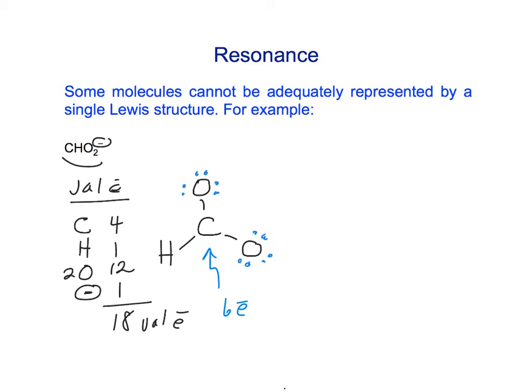So we have 2 choices here. We can use a pair of electrons to form a pi bond or a double bond, but we could use a double bond from the top oxygen, or we could use one from the bottom one. Okay, so let's start out by moving this pair down here, and we're going to draw the new structure.